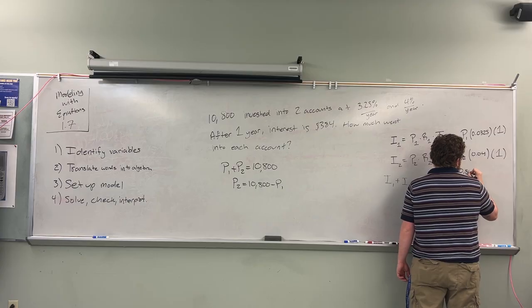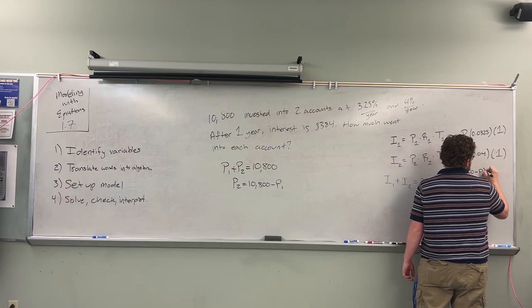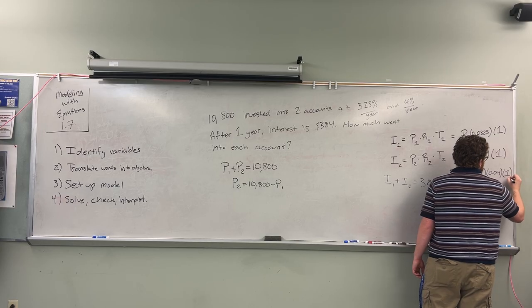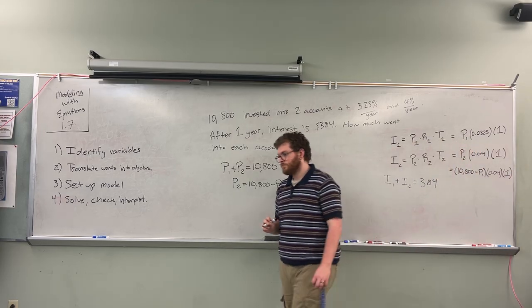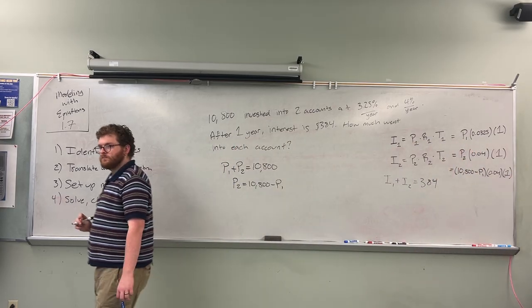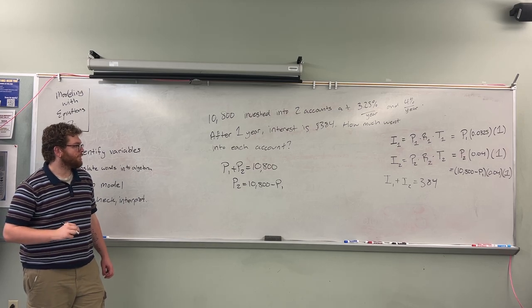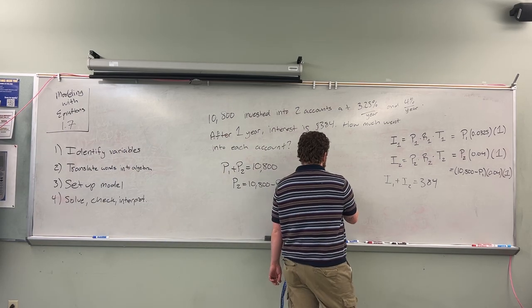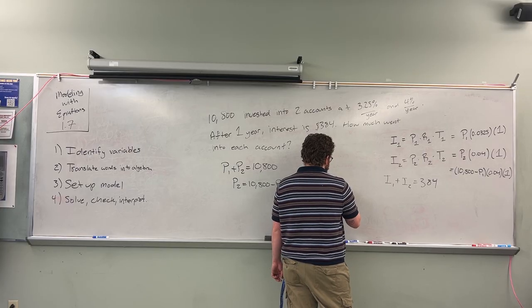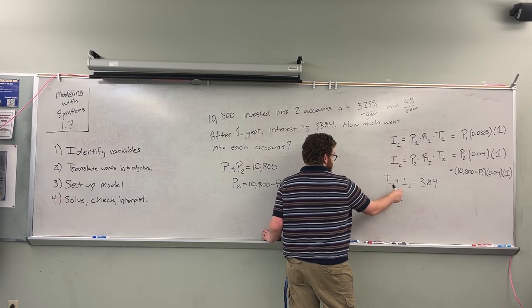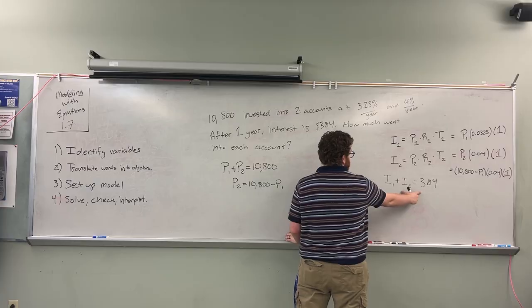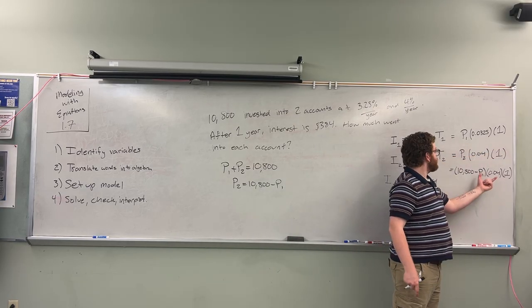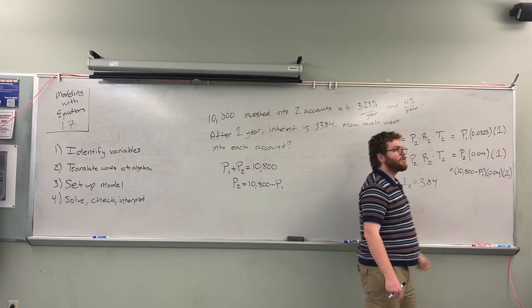So (10,800 minus P1) times 0.04 times 1. All right. And now I have that I1 plus I2, I'm not going to rewrite it, it's right there. This should equal 384, so adding this equation with this equation should equal 384.